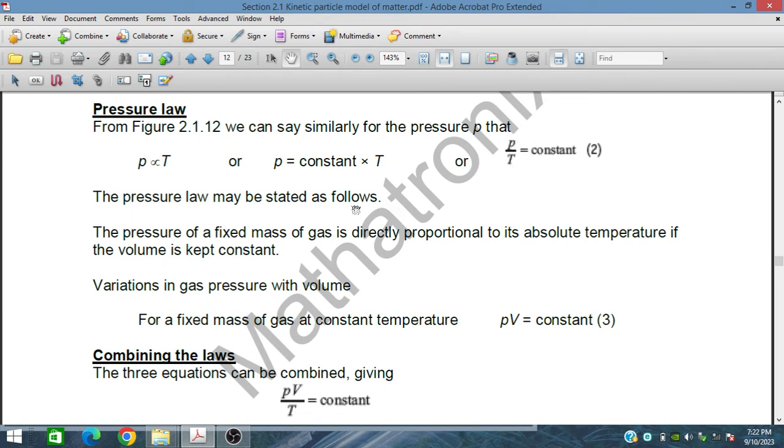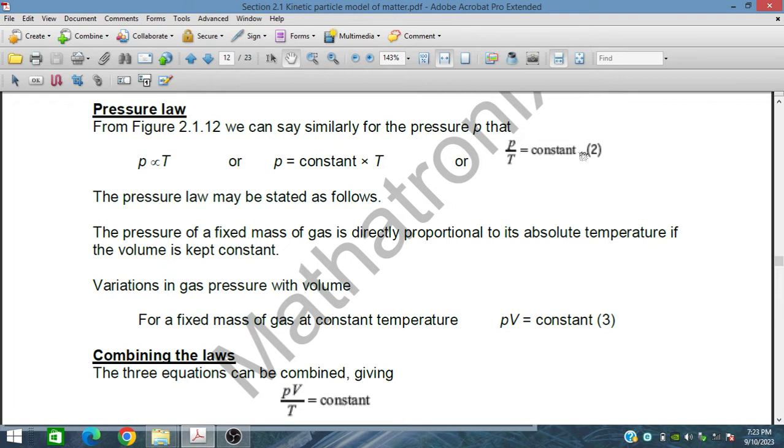The pressure law may be stated as follows: the pressure of a fixed mass of gas is directly proportional to temperature if the volume is kept constant. If the volume is kept constant, then pressure and temperature have this relation, and from Boyle's law we have PV is equal to constant.